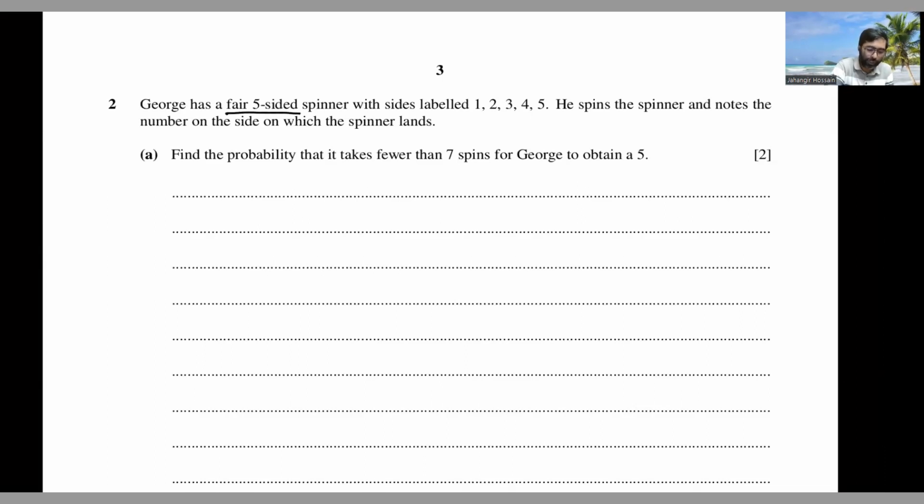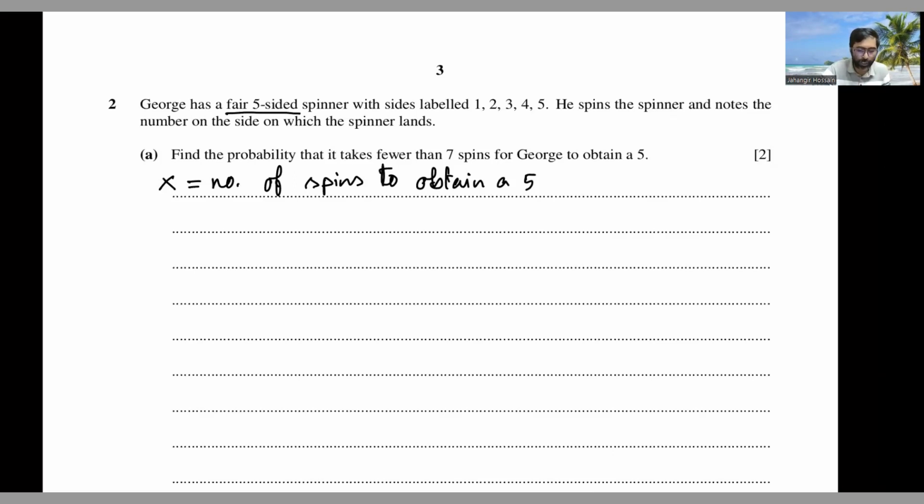Now X here is the number of spins to obtain a 5. Since the number of spins is not fixed, we stop spinning once we obtain a 5.